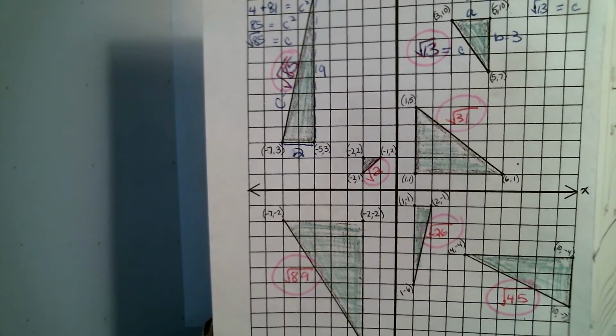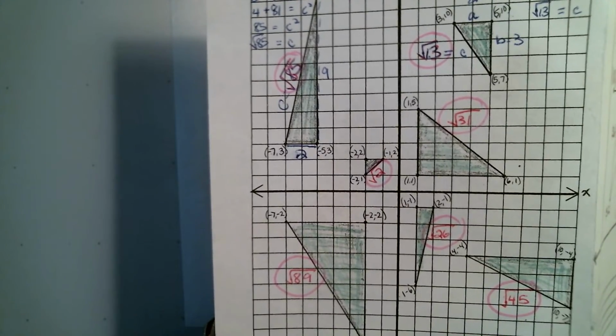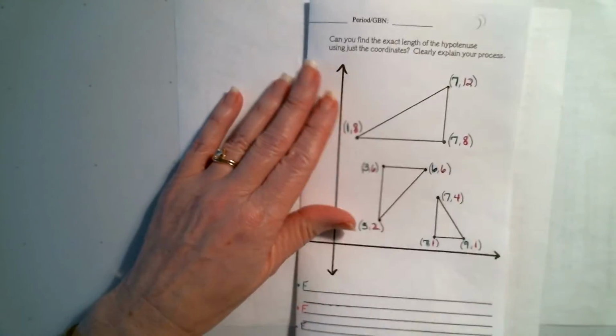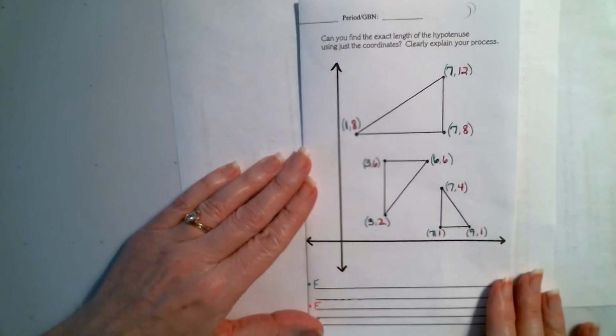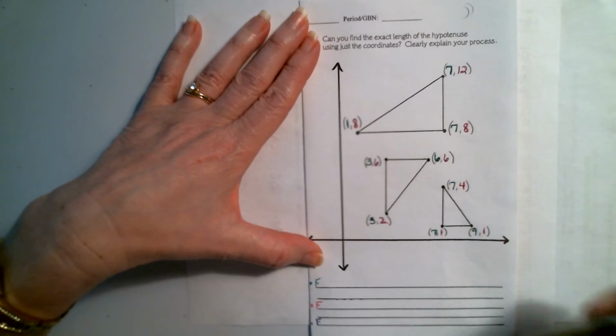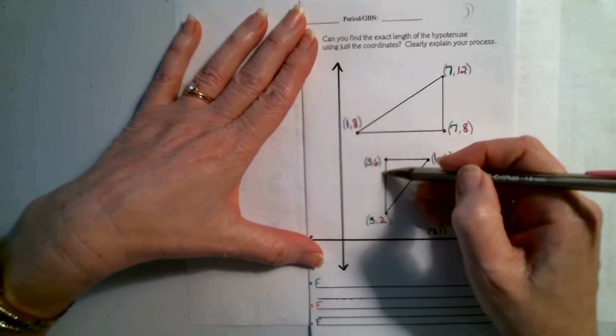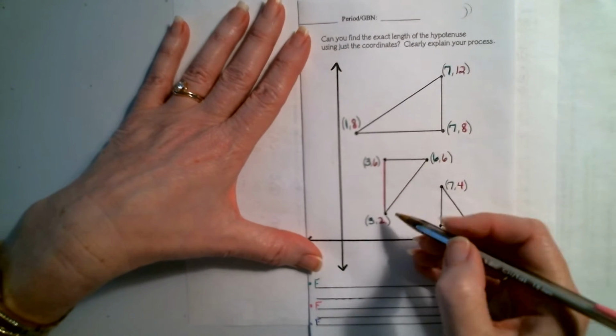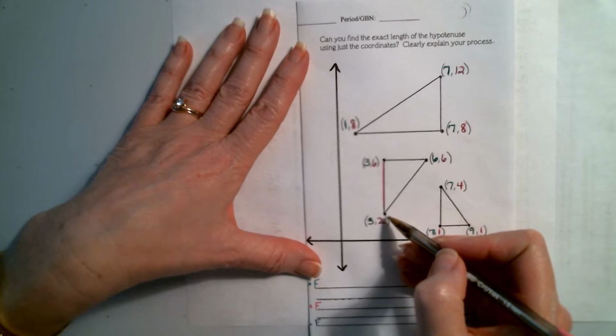All right, and then I asked you to think about your thinking, how you came up with a strategy maybe for what you would do when you took the grid away, okay? So if we take the grid away now, we can't just count that length, right? I need the length of this leg. This is a vertical length, right? And all I'm given are the coordinates.